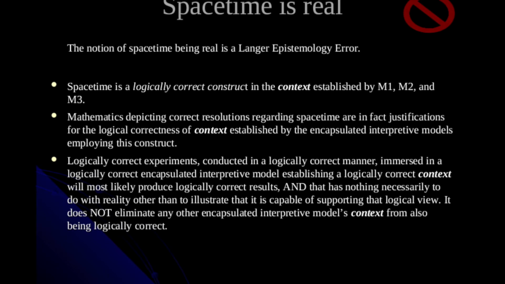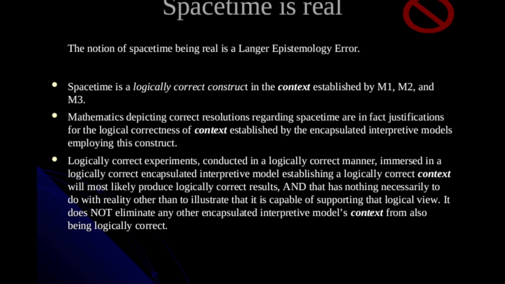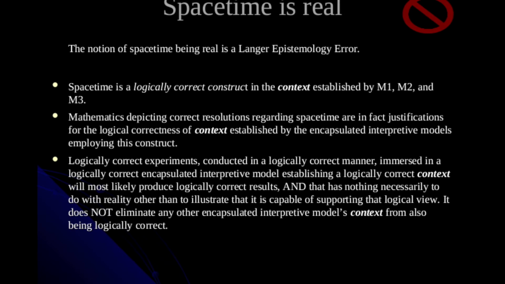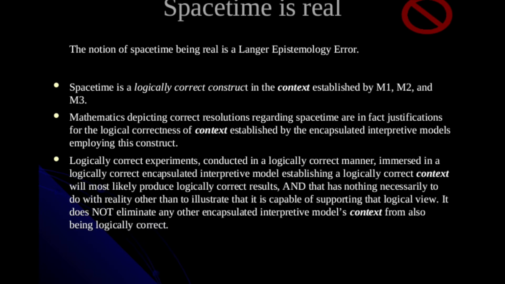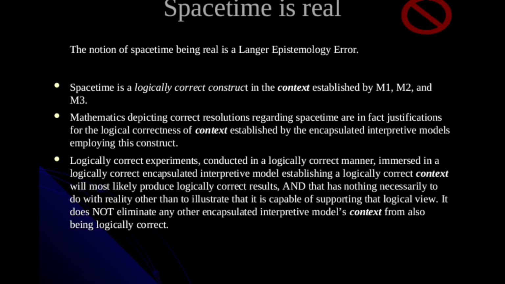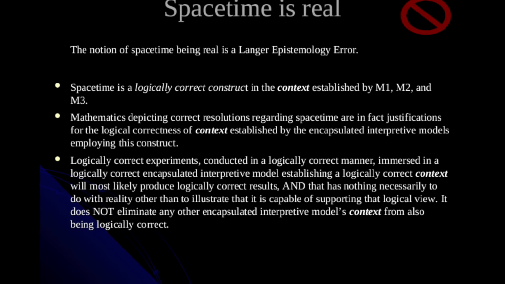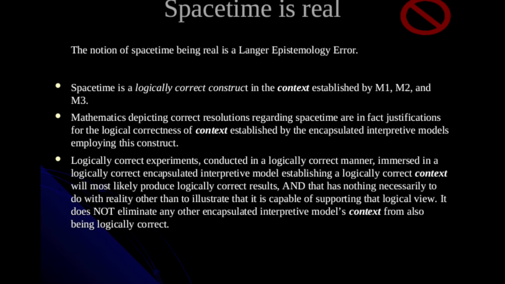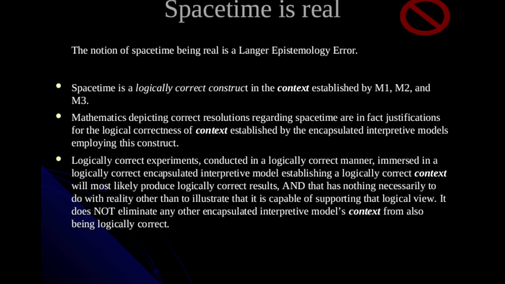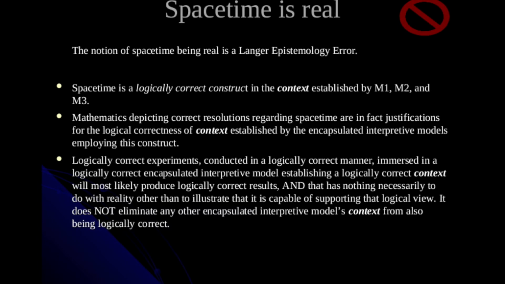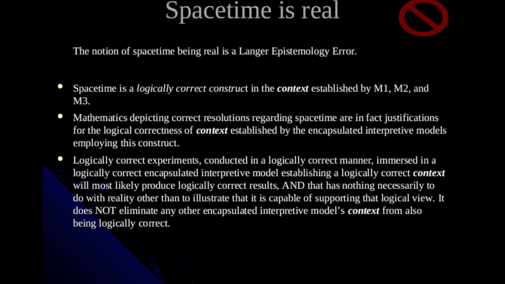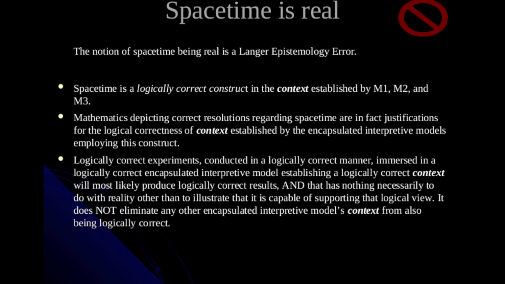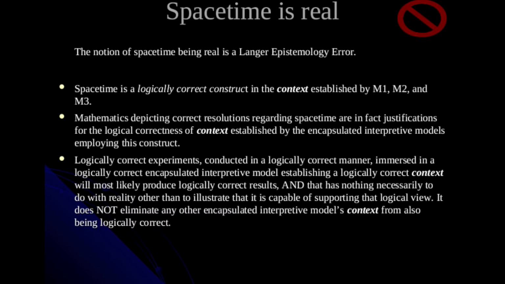And again, logically correct experiments conducted in a logically correct manner, immersed in a logically correct encapsulated interpretive model, establishing a logically correct context, will most likely produce logically correct results. And that has absolutely nothing necessarily to do with reality other than to illustrate that it is capable of supporting that logical view. It does not eliminate any other encapsulated interpretive model's context from also being logically correct. And in the case of M1 and M5, that is the situation that we have.